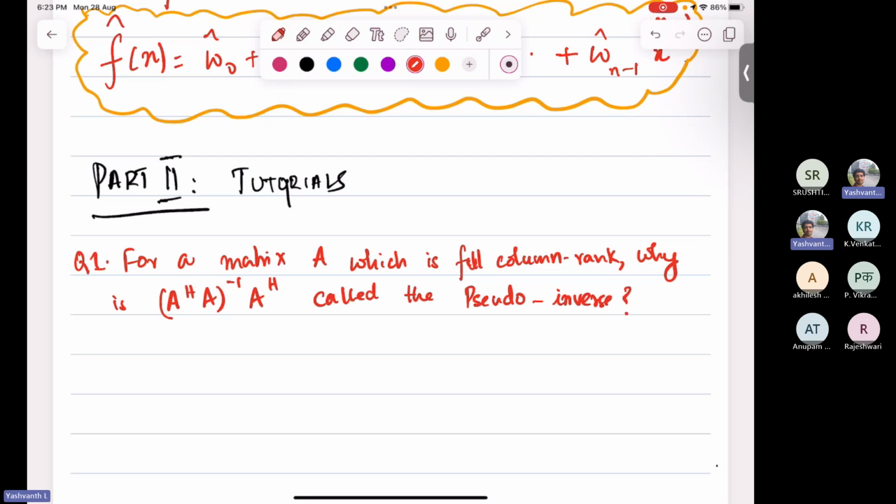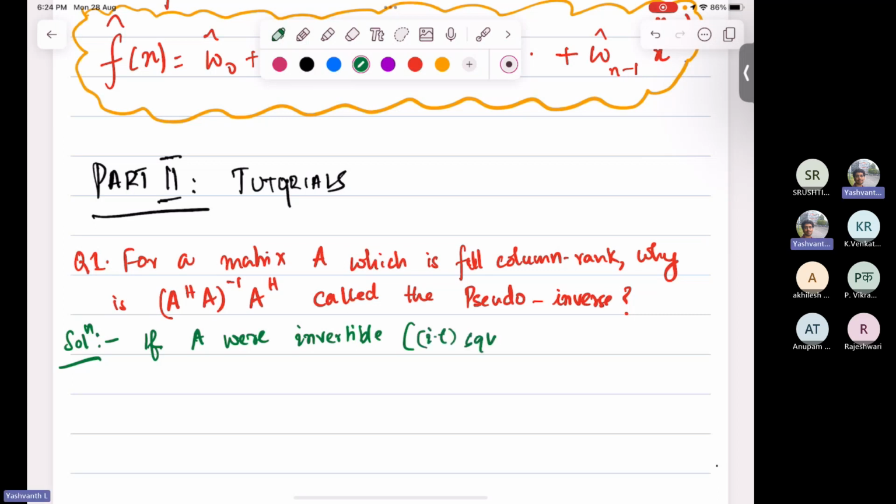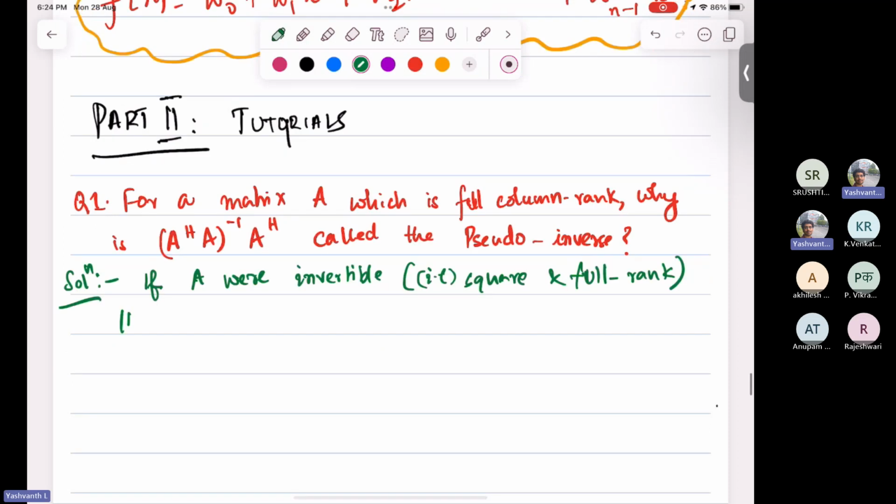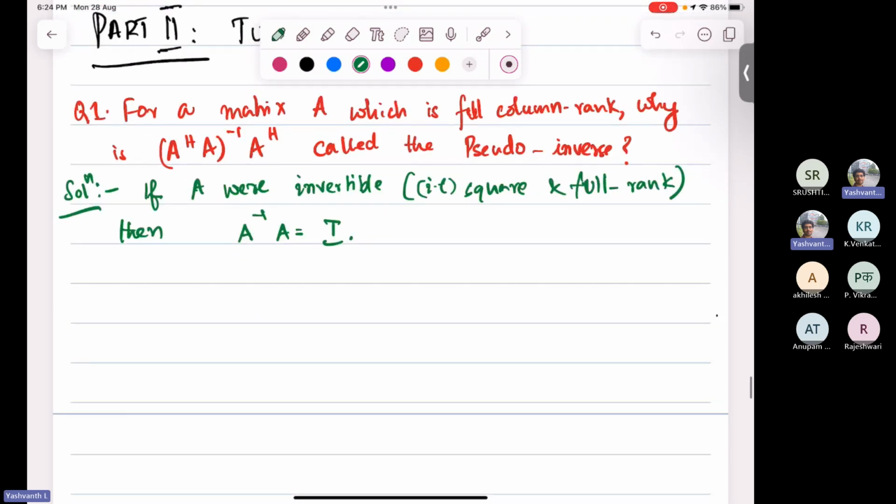Okay, now here is the solution. What is the property of inverse? If A were invertible, that is, it's a square matrix and a full rank square matrix, then A is an invertible matrix. Then what does it mean? A inverse A is equal to what? Identity matrix. Yes, correct. So what is precisely the inverse?